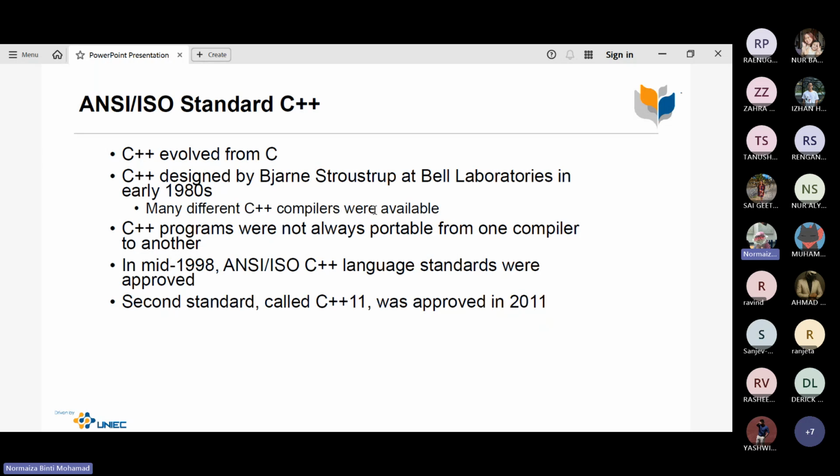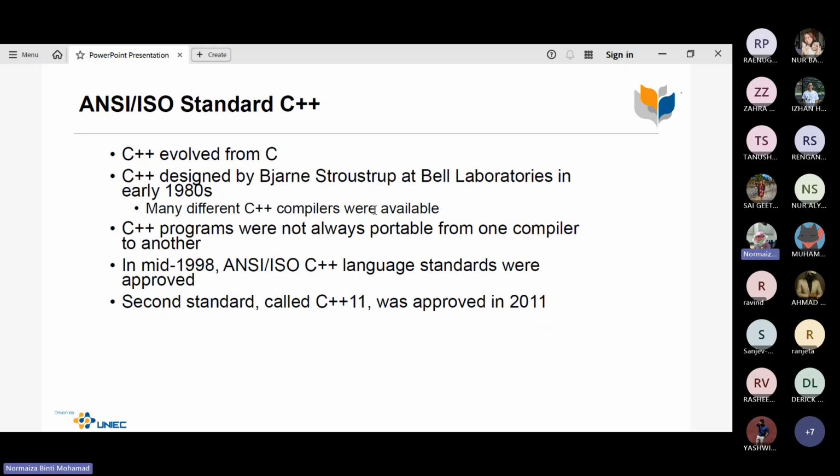Many different C++ compilers were available, and C++ programs were supposed to be portable from one compiler to another, but unfortunately they were not in the 1980s. So in mid-1998, the ANSI/ISO C++ language standard was approved.